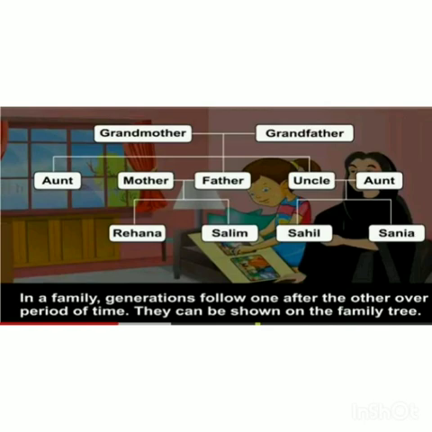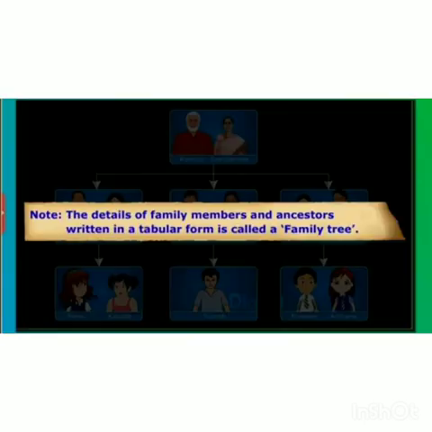They have three children, two sons and one daughter. That is Rehana and Salim's father, his brother, whom we call uncle, and his sister, whom we call aunt. So Rehana and Salim's mother and father, then Salim's uncle and aunt's children, Sahil and Sania.